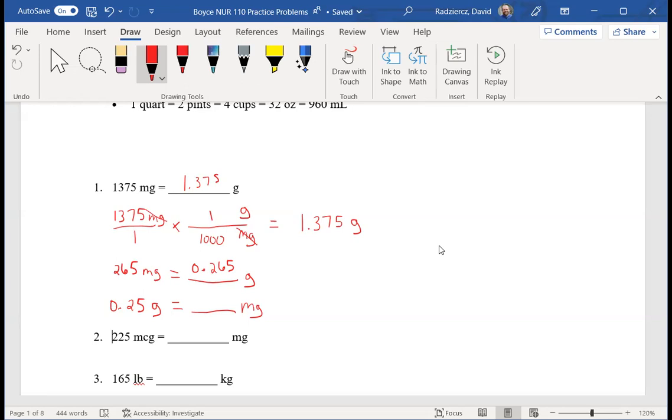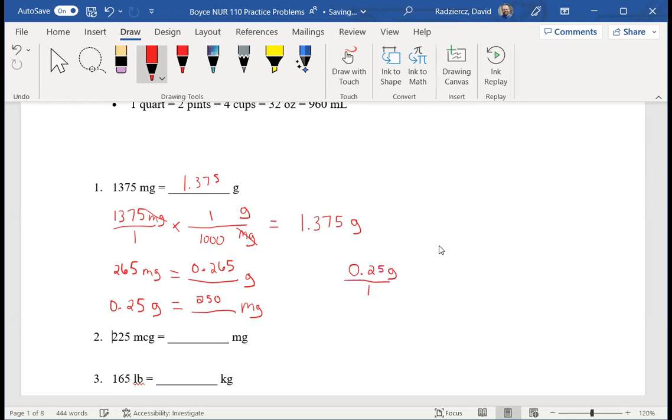Good job. Yep. If you got 250 milligrams, that's exactly what I got. So for practice purposes, let me set that up. This is a little bit different, but I'm going to follow the same methodology.